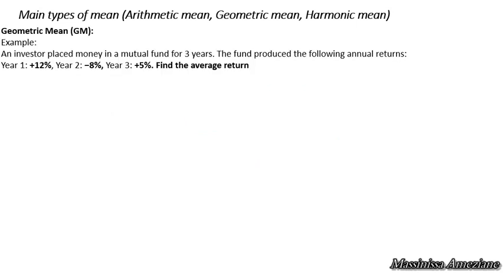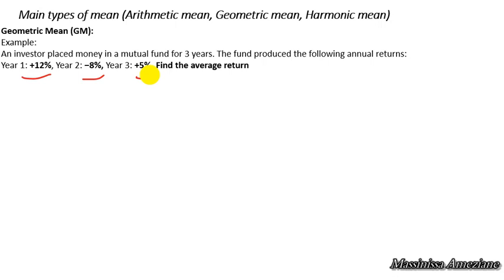Imagine that an investor placed money in a mutual fund for 3 years. The fund produced the following annual returns. The first year the return is 12%. For the second year it is a loss, minus 8%, and in the third year it is 5%.